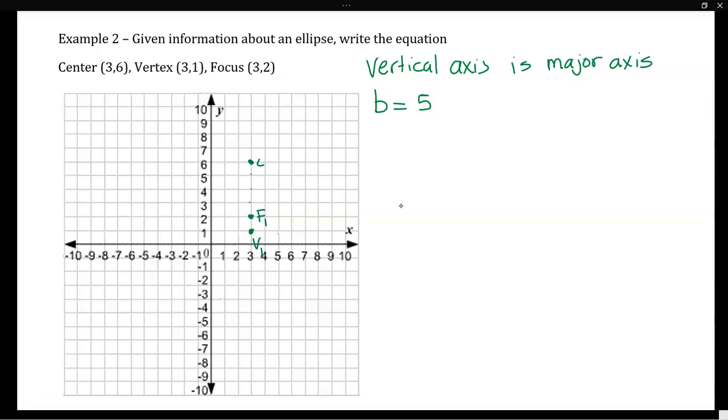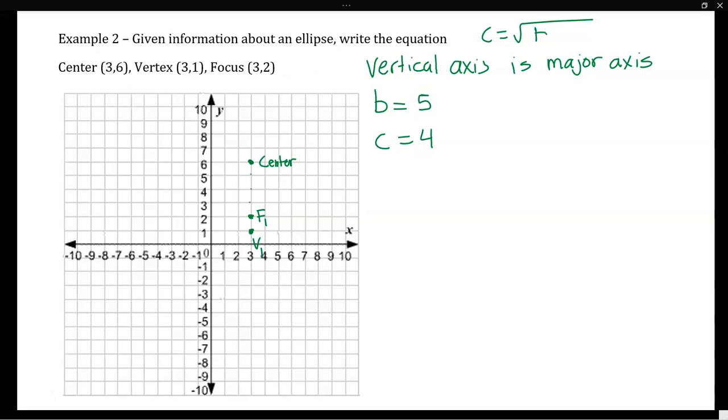Let's use a different word for this. Instead of writing C for center, let's write the entire word, so we don't confuse that with C from our foci. So C is the distance from the foci to the center. So our C value is 4. Now remember we said that C is equal to the square root of the larger denominator minus the smaller.